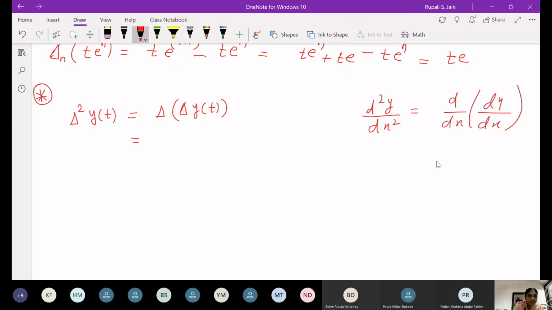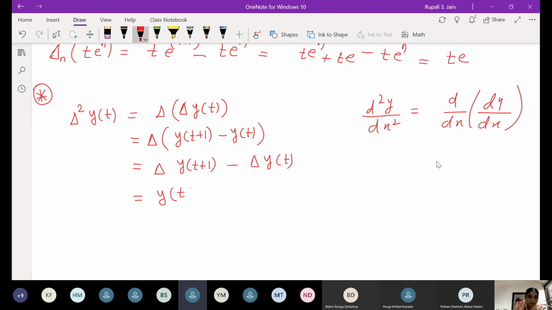So delta square yt is nothing but delta of delta yt. For that, what is delta yt by definition? The standard definition: yt plus 1 minus yt. Now if I operate delta on yt plus 1 minus yt, what will I get here? Whenever I am operating delta, I have to increase t by 1.